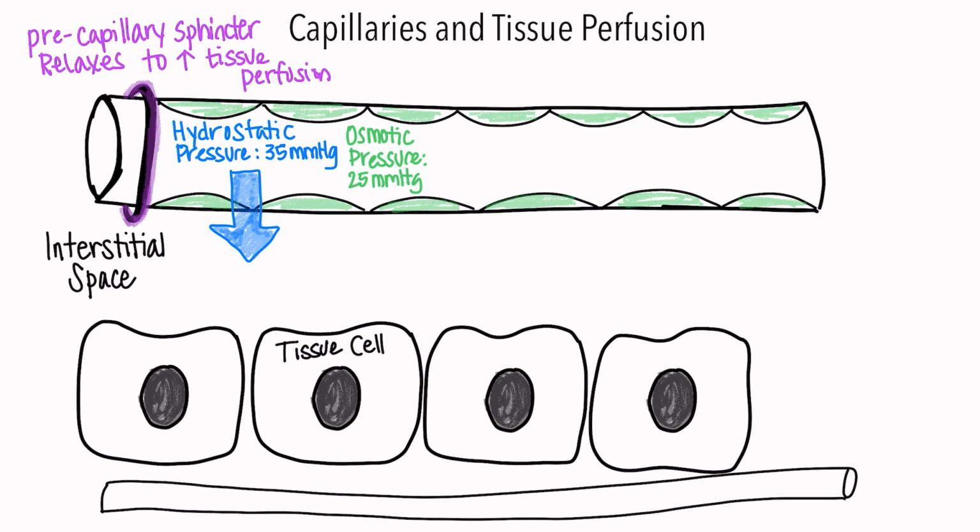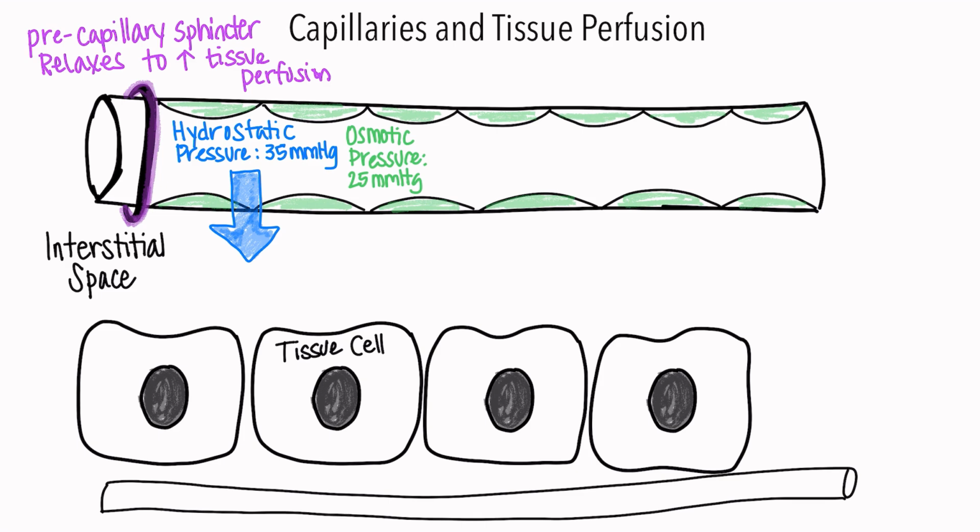Now, osmotic pressure is caused by having salts and other solutes in the capillary, and particularly large proteins like albumin. That's the most important source of osmotic pressure.